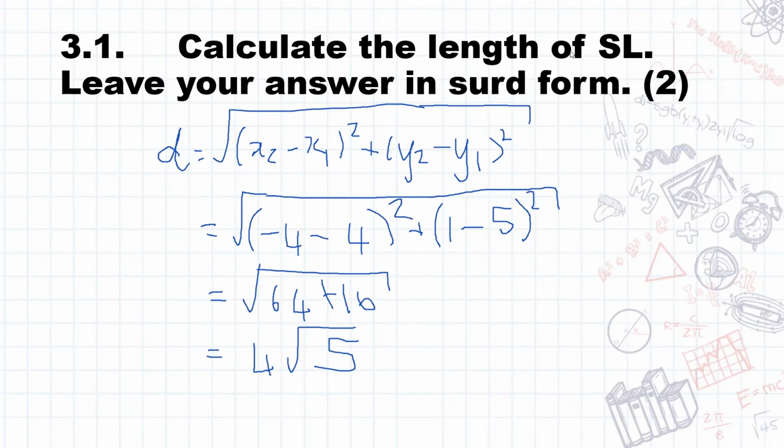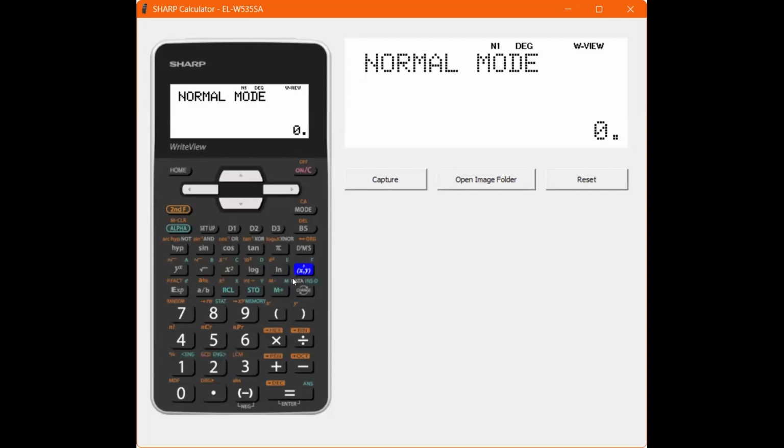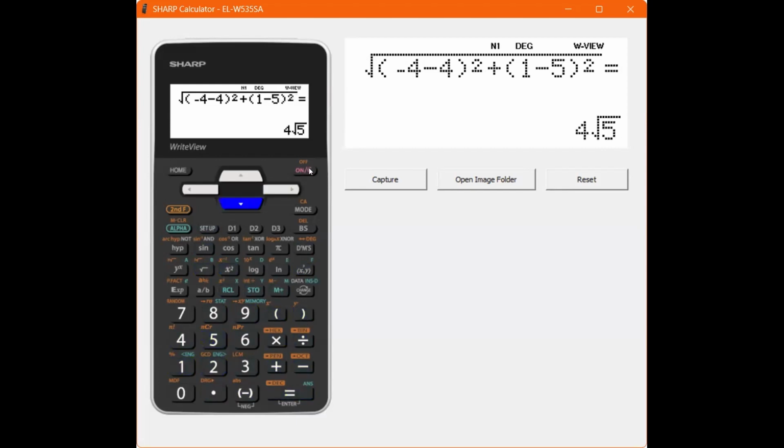So let me just show you that quickly, just so you've got an idea. We're going to say square root of (-4 minus 4) squared plus (1 minus 5) squared equals, and it gives us 4 square root 5.